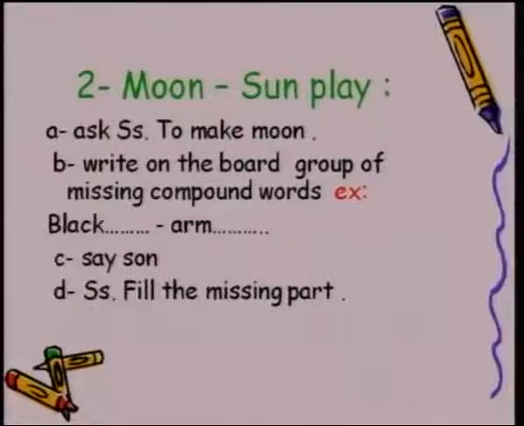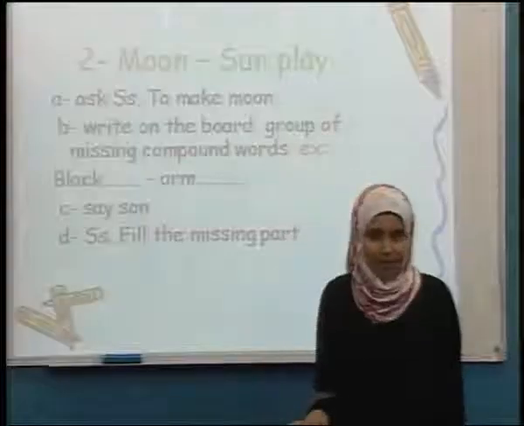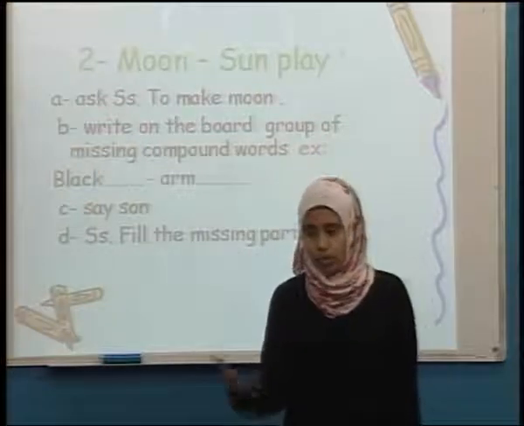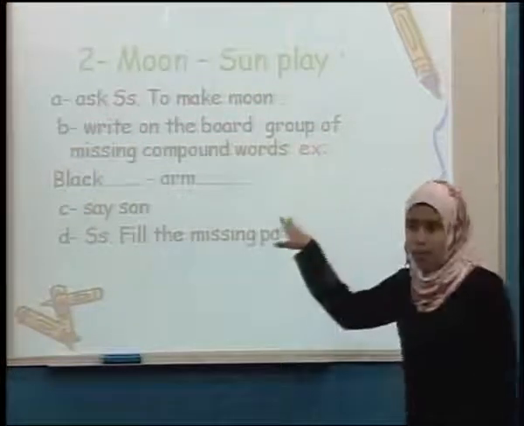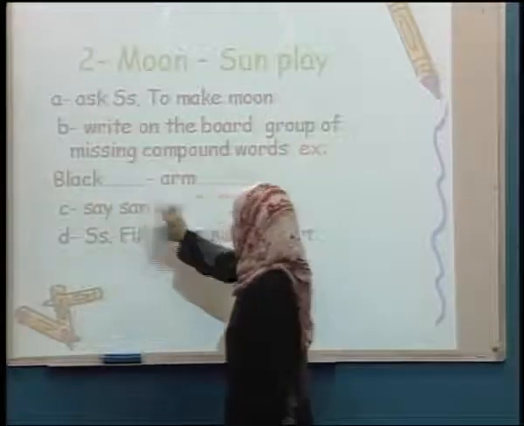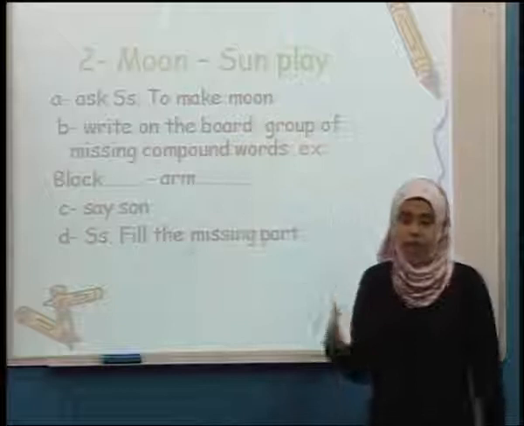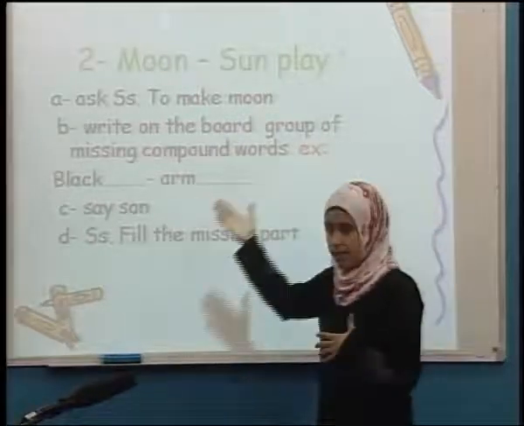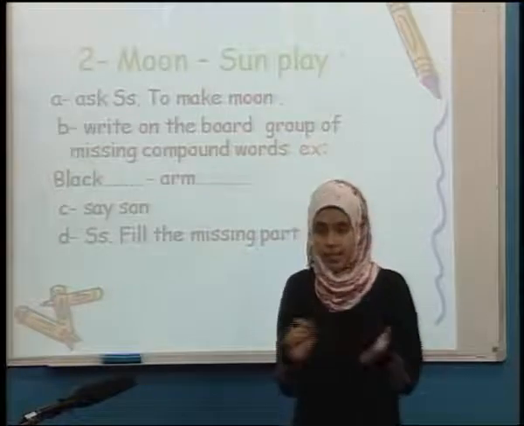The second one is Moon Sun play. Moon Sun play is very famous in schools. We can also use it by asking students to be moon and write some compound words, just the first part, like black, space, arm, and they continue, and then ask them to be suns and complete it on a sheet of paper.